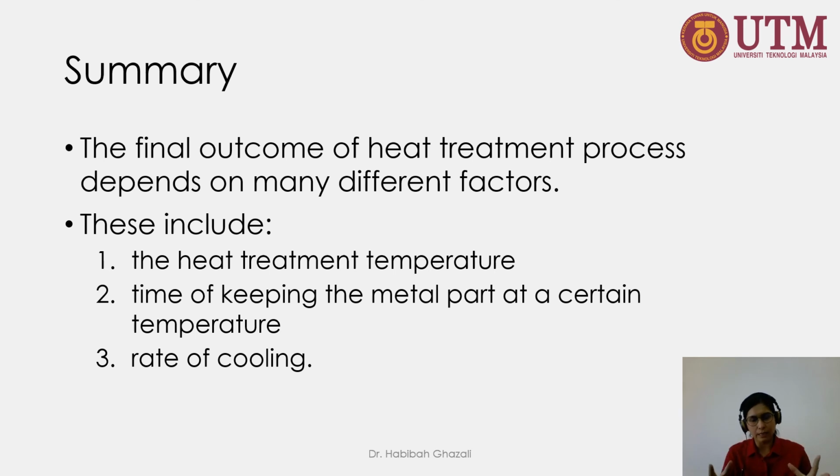And as we have learned, when we have a different microstructure, even with a different grain size or different shape of the grain, it will affect the final mechanical behavior of that metal. So depending on what we want to do after that, we can choose different types of heat treatments.